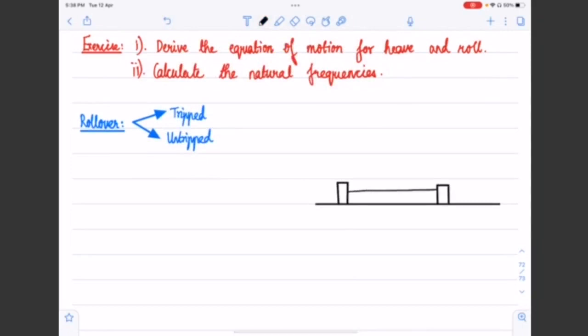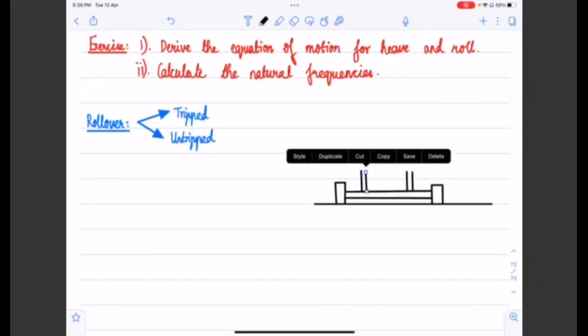And we essentially have the left and the right sides. And let's say it's supported on some suspensions, and then we are going to have the sprung mass on top of the suspension.